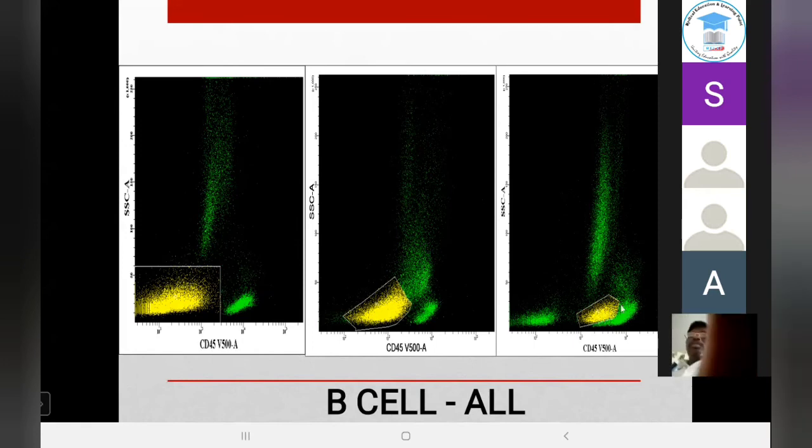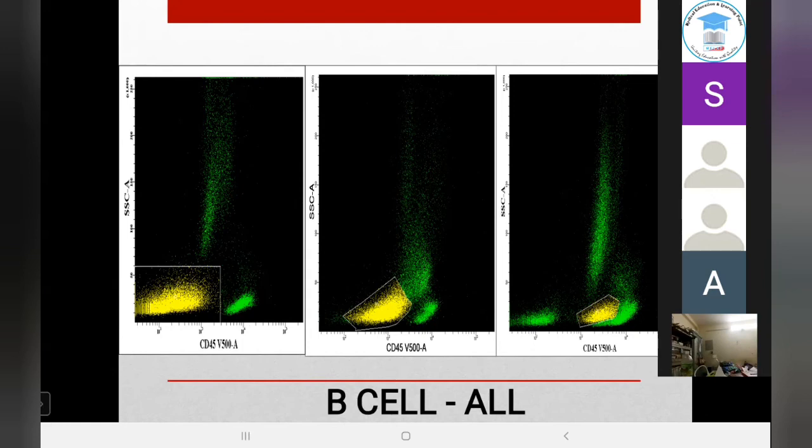This is a TLL position when you have a brighter 45. So a negative 45 generally goes with BLL, and a dimmer 45 also favors BLL. This position can be myeloid also, but this is usually B. This is usually T. But here you're seeing the 3 positions which are all B.